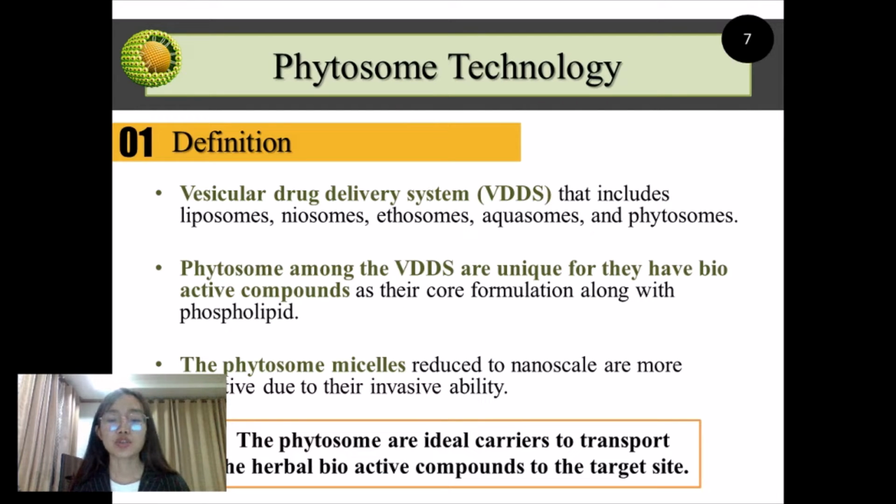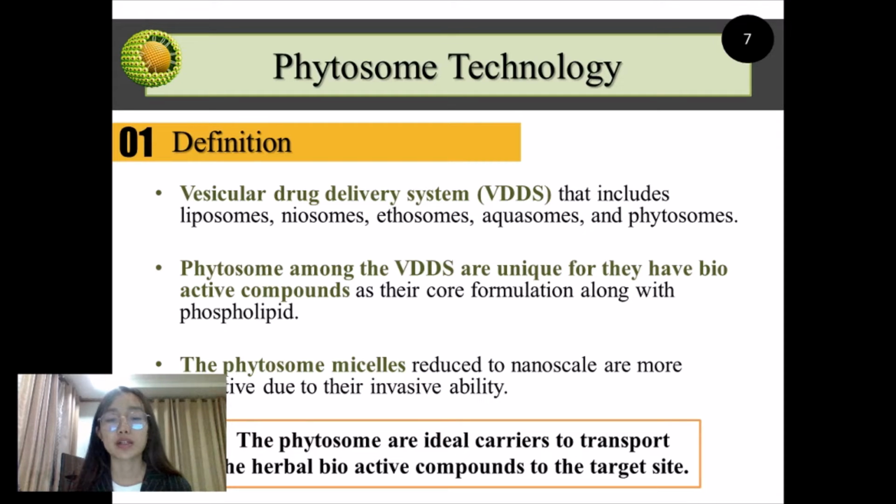Next, the phytosome has better stability than liposome. This is because the former consists of chemical bonds, whereas they are absent in the latter. Vesicular drug delivery systems include liposome, niosome, ethosome, aquasome, and phytosome. Among the VDDs, phytosomes are ideal for they have bioactive compounds, and the phytosome micelles at reduced nanoscale are more effective.